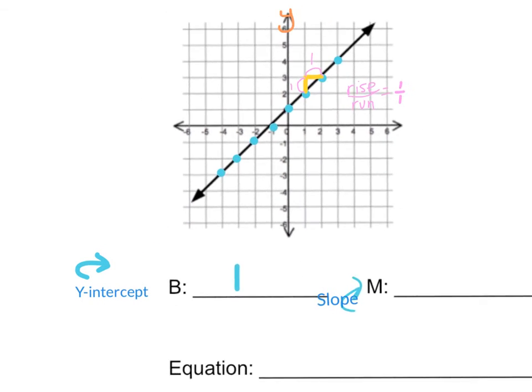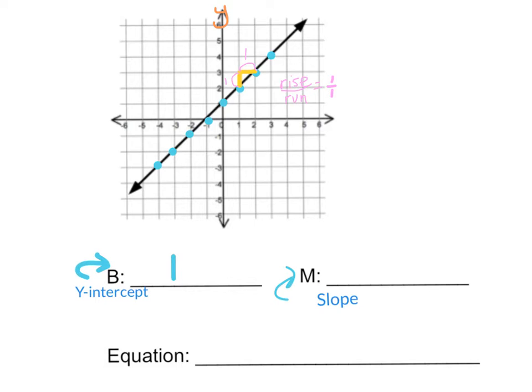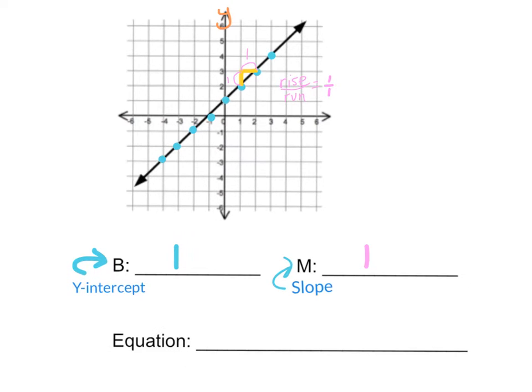All right, let me unzoom here, get this back in place. So my slope is a 1. Then the final step is to write the equation. Slope-intercept form, the equation is y equals mx plus b.